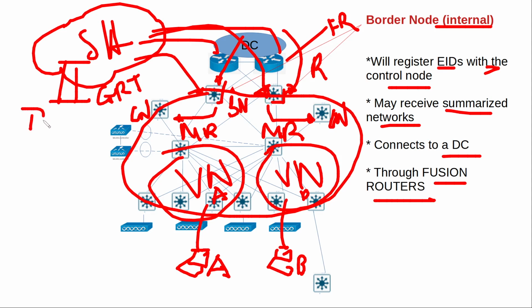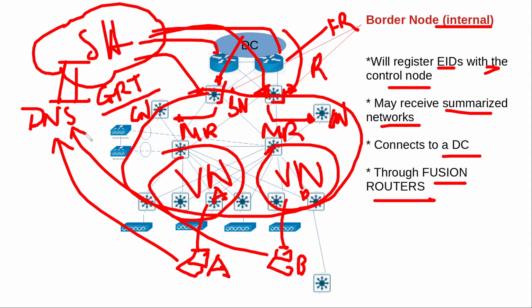But for instance, your DNS server that lives in your shared services block lives in the global routing table. And you need these devices to be able to reach the DNS server. But these devices live in different VRFs. So when these prefixes arrive into the fusion router, it will map these virtual networks into VRFs, and then it will perform route leaking.